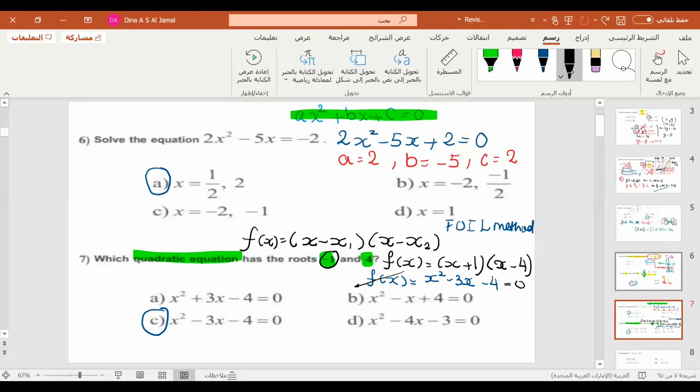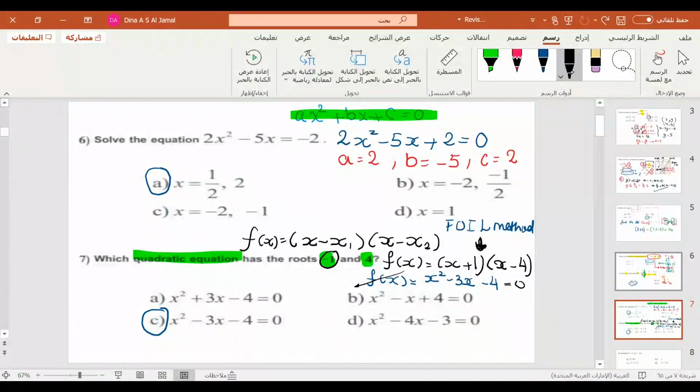Great. So please revise the FOIL method so you can be able to use it. F means you will multiply the first elements by each other. O means the outer elements. You will be multiplying the outer elements. I means the inner elements. Remember the circles.